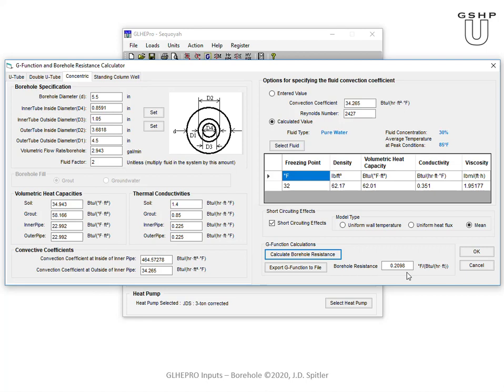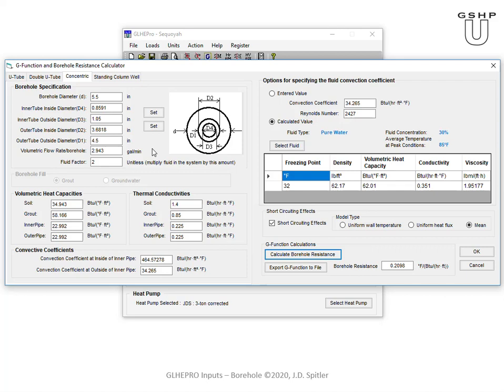Well, actually, that's better than I thought it was going to be. If you look down here, you'll see the convection coefficients are set at the inside of the inner part 464 and at the outside of the inner pipe 34.265. And it's the one at the outside of the inner pipe that's controlling it. It's got a fairly high resistance.